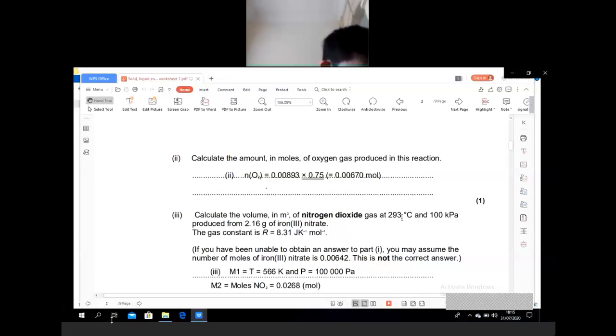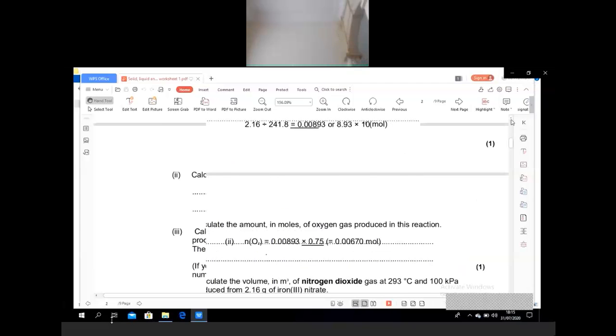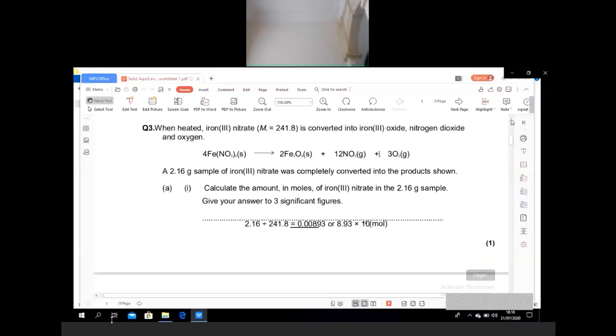What is the information? Temperature and pressure. Temperature we have to make into Kelvin, and pressure we have to make into Pascal. And then moles of NO2. How do we know moles of NO2? The moles of NO2 is based on the molar ratio, 3 times of this one.